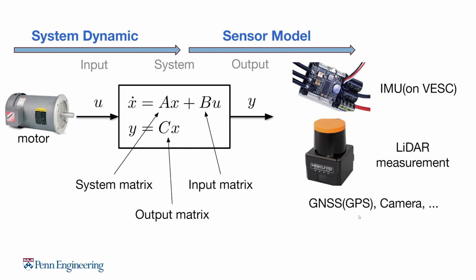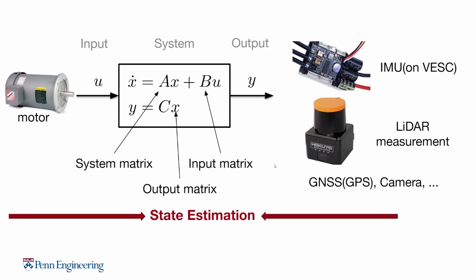All the sensors are outputs of our system, but up to now we have primarily focused on the forward path. We have the control input, and we infer the state of the system, and then from the state we infer the output of the system. But in the real world, it is often the case that we do not know the state of the system, and the only thing we know is the control input.